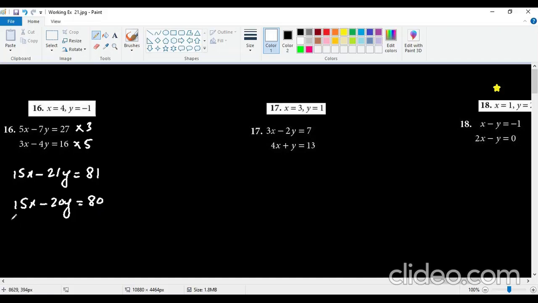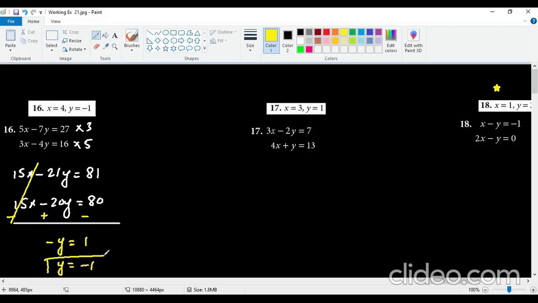Subtracting the first equation from the second one, changing the pen color, will give you minus 15x and plus 21y and minus 81, and these two are going to be cancelled. Minus 21 and this is giving us minus y equals 1. So that means y is equal to negative 1.